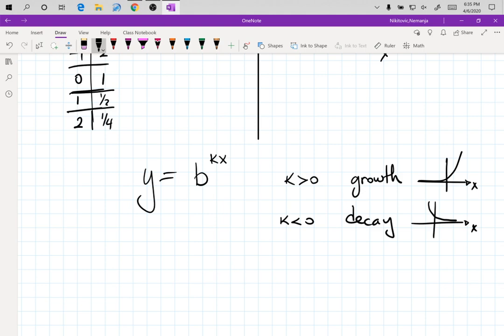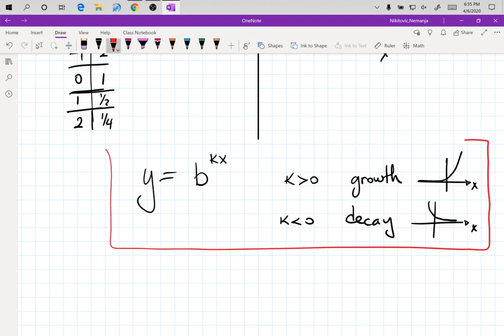And now I could add, I don't want to do it now, but I could add also an a in front, right? And this a, you will see later, is just going to be the y-intercept, but we'll deal with that when it's time for it. So this is a really cool thing to know. And as you can see, for all of these, you have the same spec.